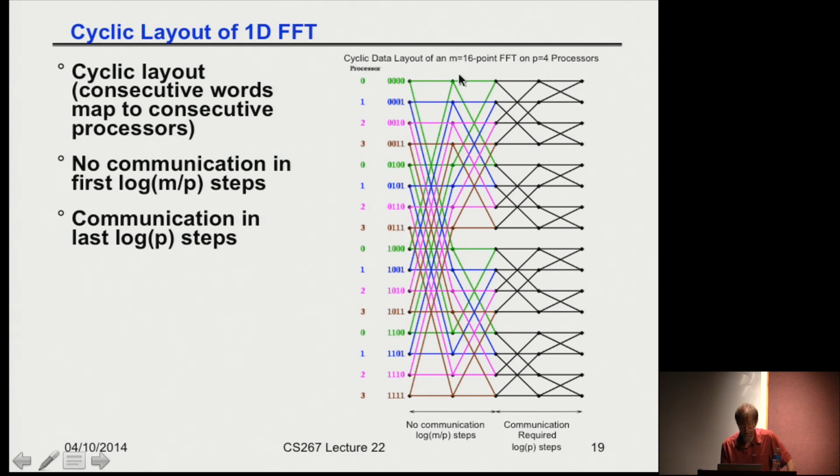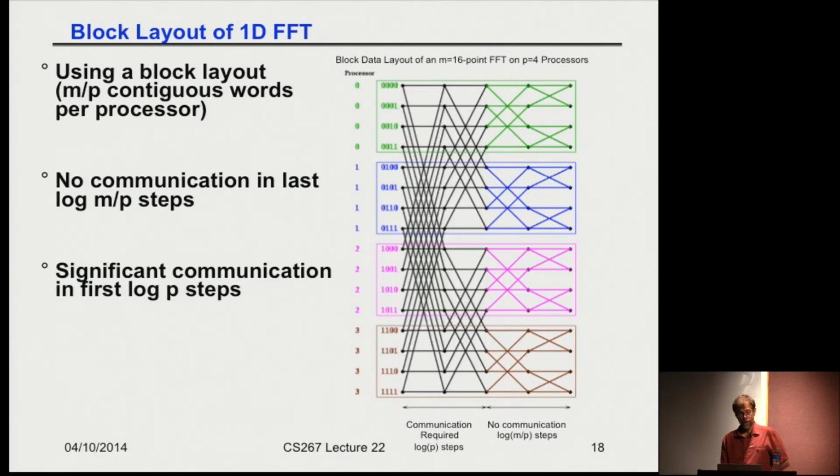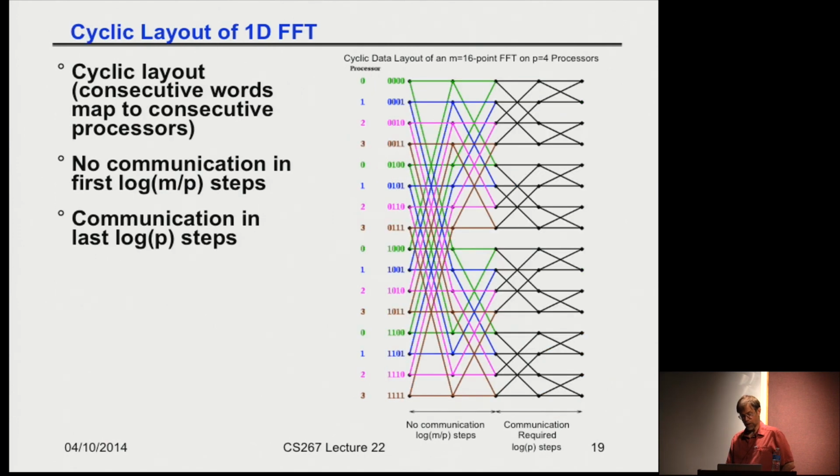So if processor 0 needs to compute that guy, and he owns that operand, and I follow that green edge down there, and yes, lo and behold, he owns that green operand. So there's no communication required for the first log m over p steps. But the last log p steps, it's all communication again. So it seems like I win and I lose in 2 different ways there.